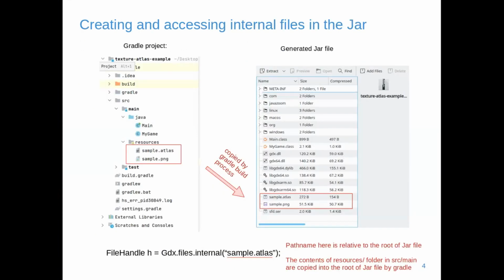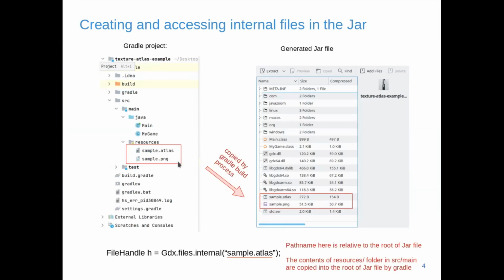When you add your game resources, your sound files, your graphics files, you put them into the resources folder under source main. Under source main, you have the Java folder that keeps your game source code, and you have the resources folder that keeps your game resources, audio, graphics, and so on.